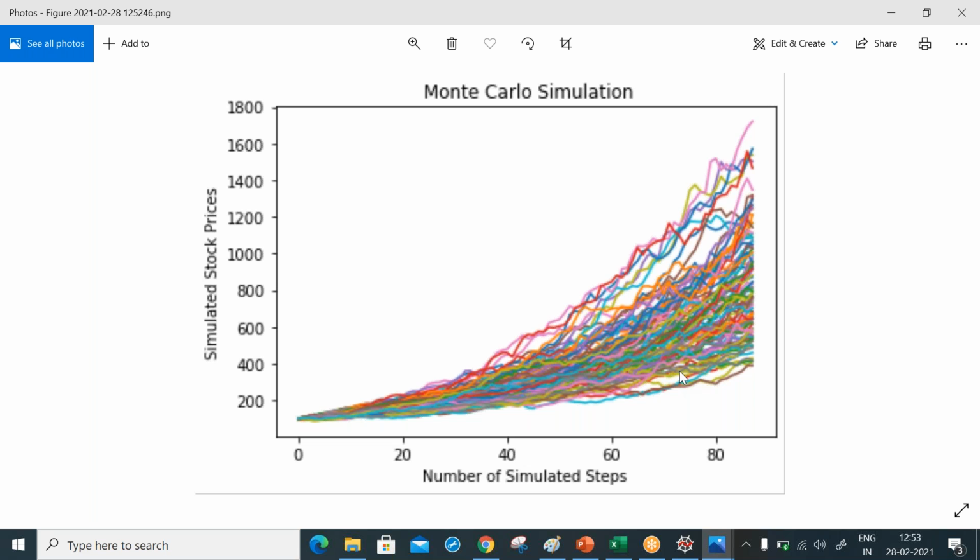Now, for the benefit, which path benefits whom: anyone who has taken a long position in this stock will always want this to be the price of the stock at the end. Someone who has taken a short position in a stock, or an option with a short position, will want the price to be somewhere here, the lowest one. So it depends what price you want from your stock.